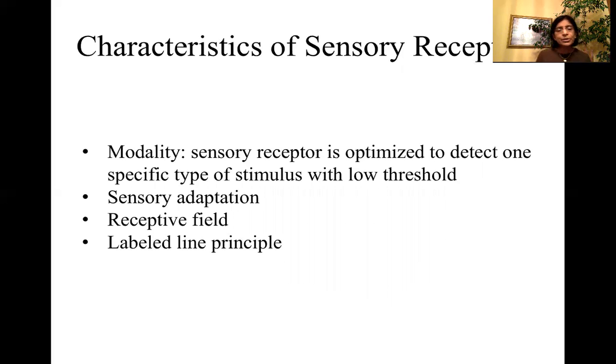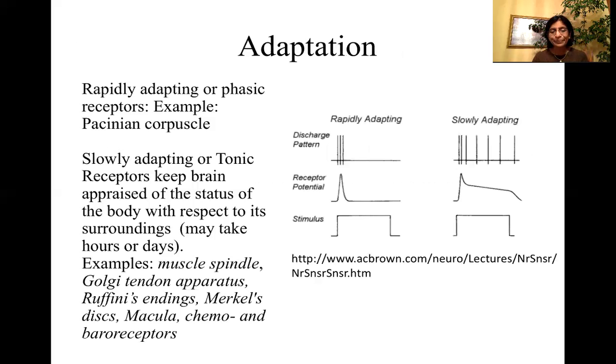And another interesting thing is you can activate the labeled line in any part of the pathway. Whether it's second order neuron or the third order neuron or the first order neuron that you stimulate, it would still be perceived as the stimulus coming from that region. So that is an interesting characteristic feature of sensory receptors.